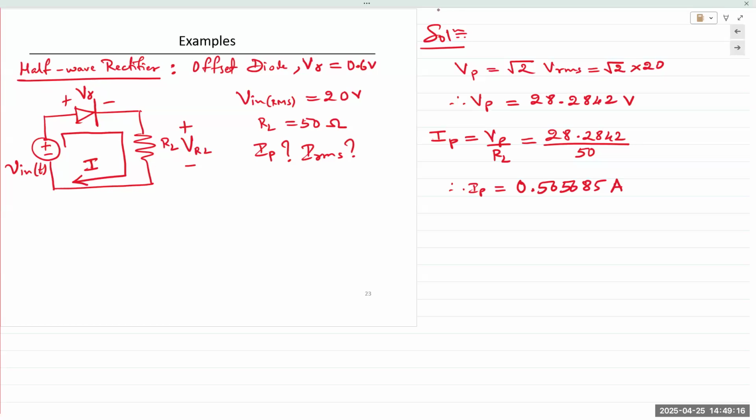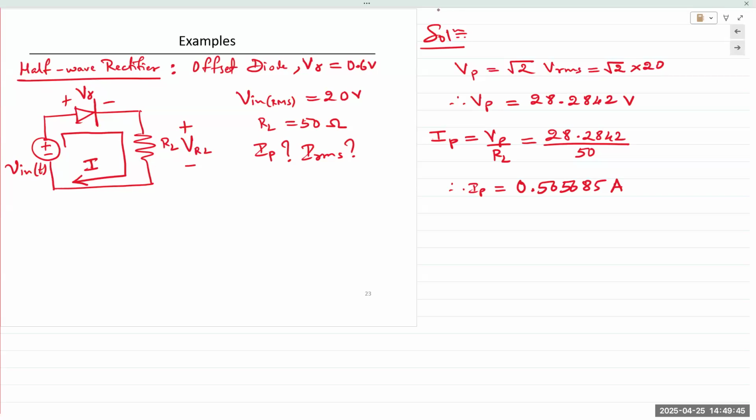Now, jokes aside, think of the experiments we just performed in the lab, lab 2 and lab 3. The currents we were dealing with were in milliamps and microamps. So if you're describing this kind of current, it's 565.685 milliamps. That makes sense, right?